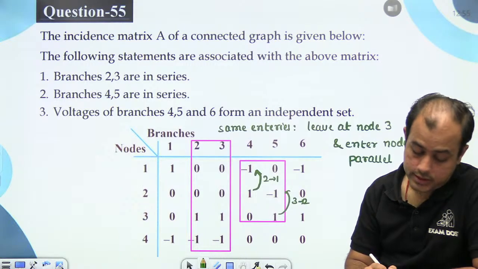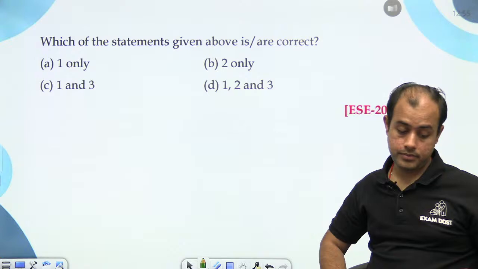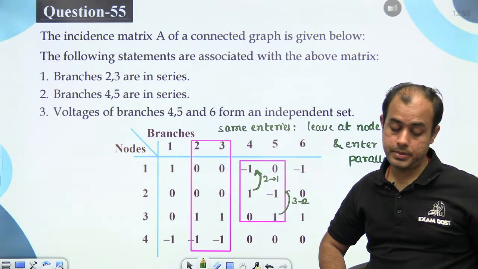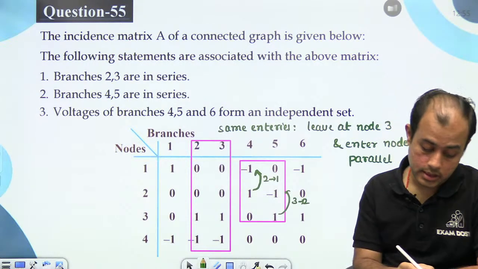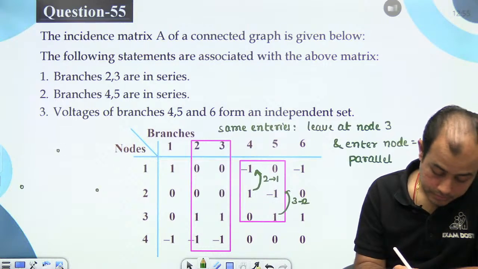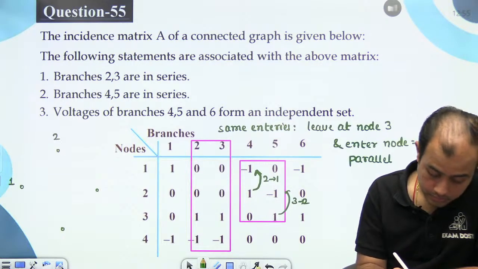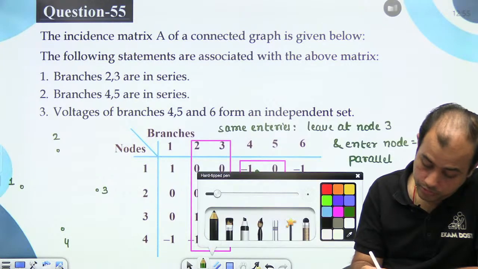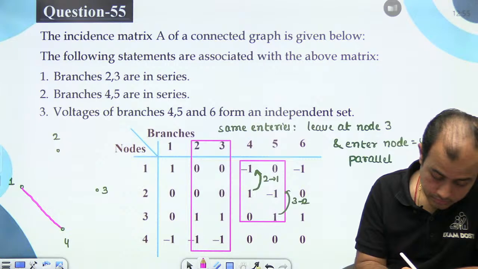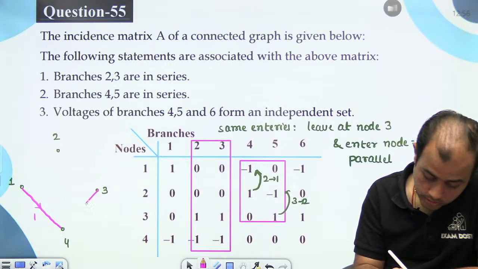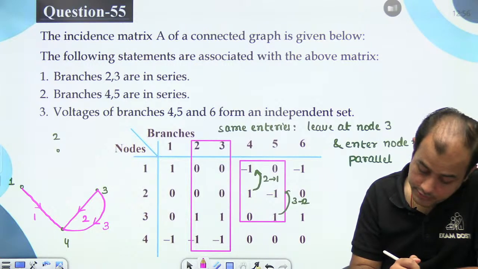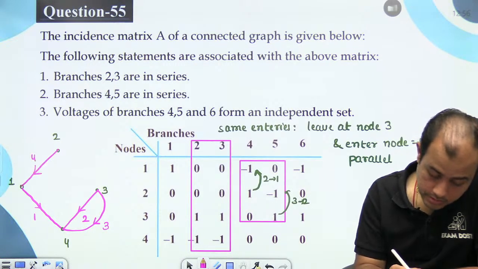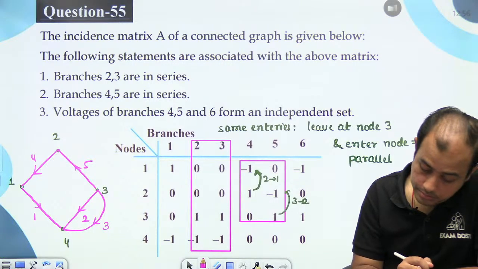Voltage of branches 4, 5, 6 form an independent set. इंडिपेंडेंट सेट 3 ब्रांच का वोल्टेज, अगर देखो इसका हम ग्राफ बनाएंगे ना, branch 1 is going from 1 to 4, branch 2 from 3 to 4, branch 3 from 3 to 4 again, branch 4 from 2 to 1, branch 5 3 to 2, branch 6 3 to 1.